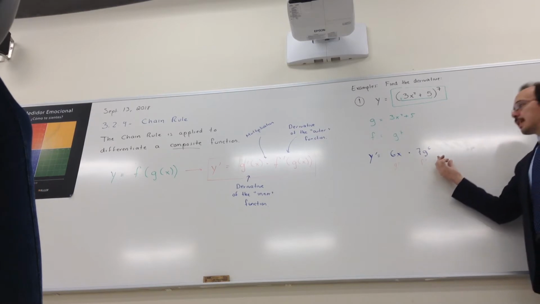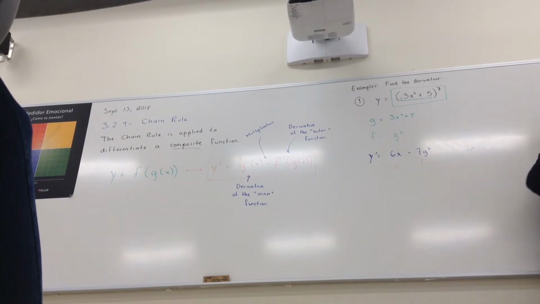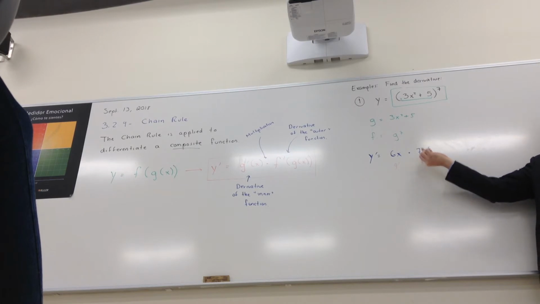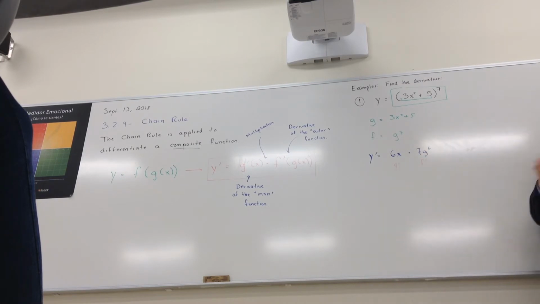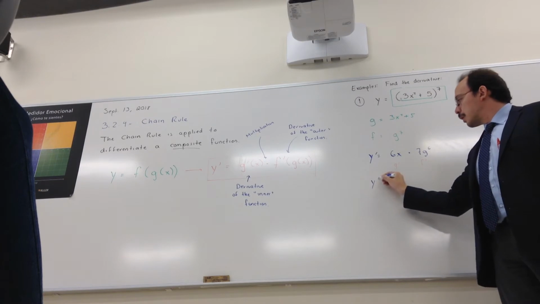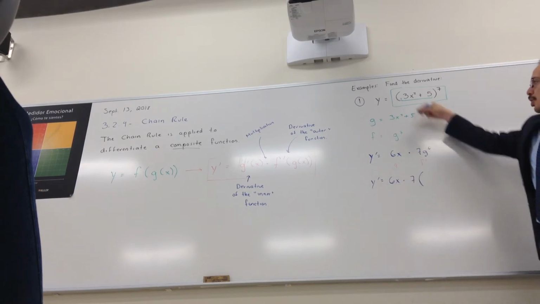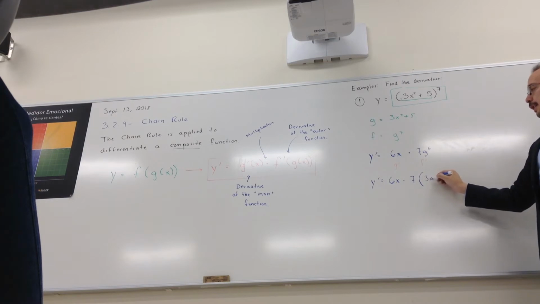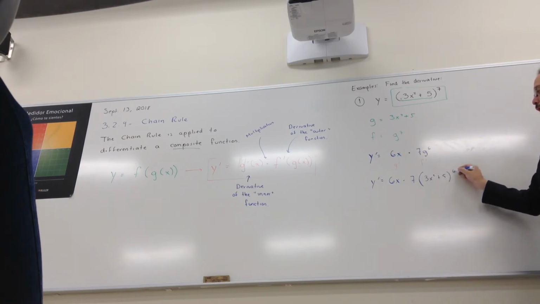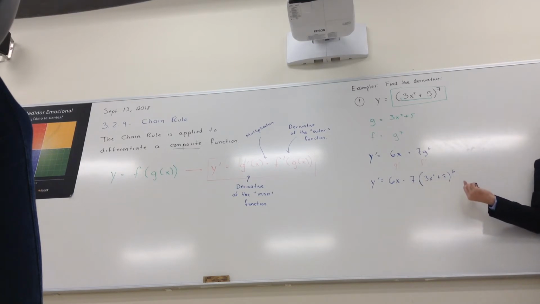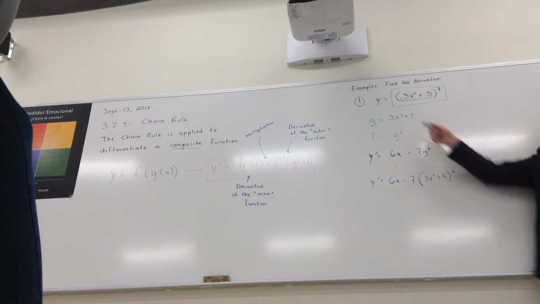That's my derivative, but my final answer has to be in terms of only x. So I need to back substitute g for what it was. So y prime is going to be 6x times 7 times (3x squared plus 5) to the 6th power. That's my derivative in terms of x, because g is this.